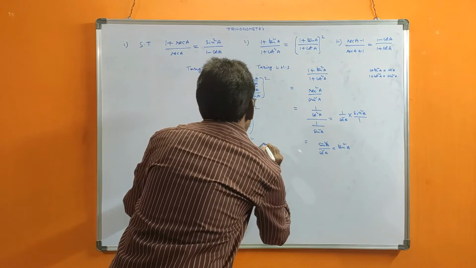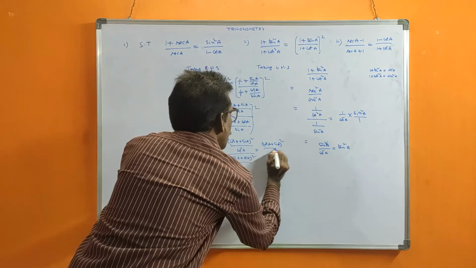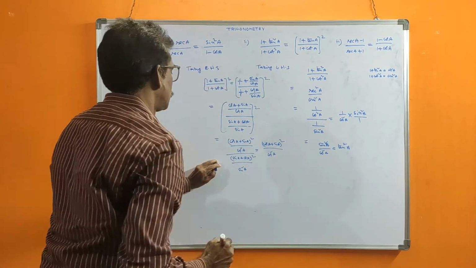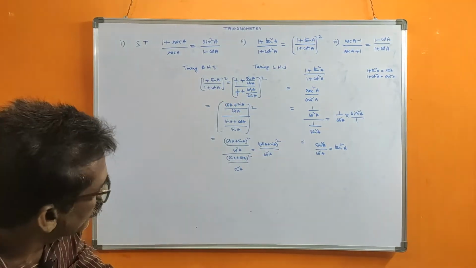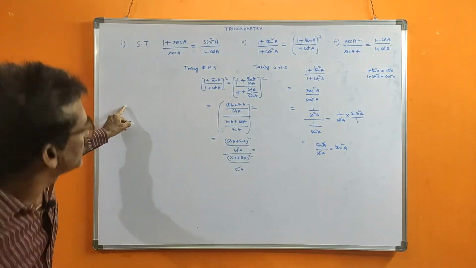Now this cos A plus sin A whole square by cos square A, I will write here.